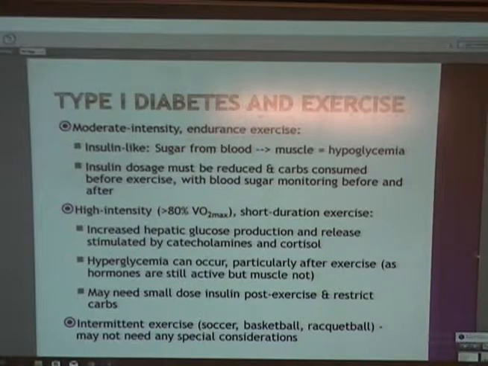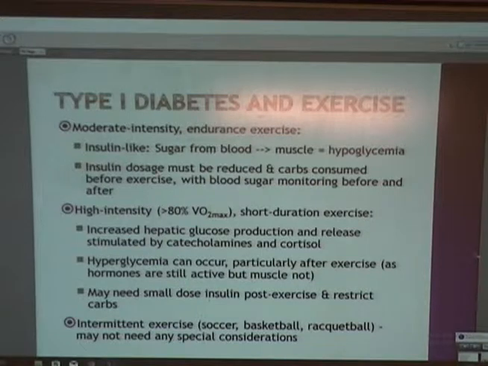So it's always important, if you're working with a type 1, that you've got a banana or some raisins or something in your bag that you can give them an immediate sugar hit if they need it. Right? Because a type 1 can drop blood sugar levels very, very quickly, and then before you know it, you have someone who's in a coma. Right? And that's scary to have to deal with. Okay?